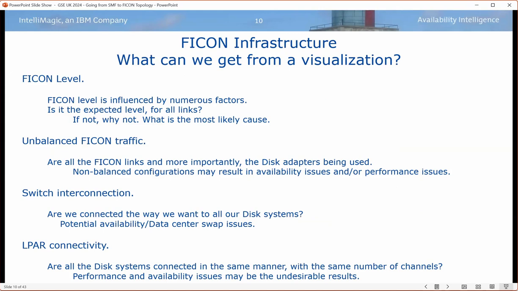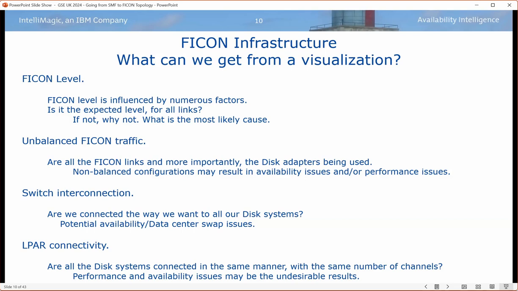We're expecting that all of our FICON channels are running at 16 gig. Down to the disk system, we go through FICON switches. Are we actually connected with 8 gigabit and not with 16 gigabit, for example? Is our expectation, the way we've defined it, actually the reality? And the reality is in the SMF record.